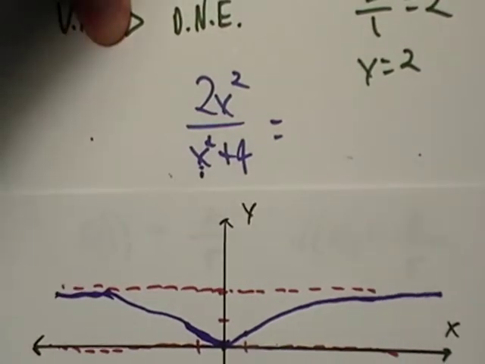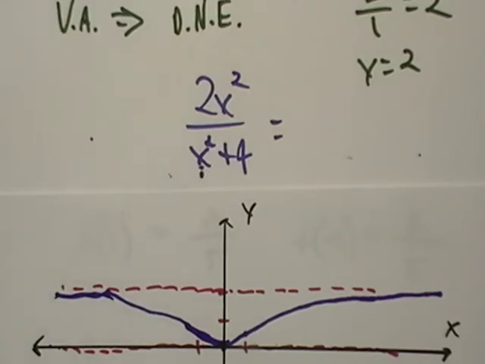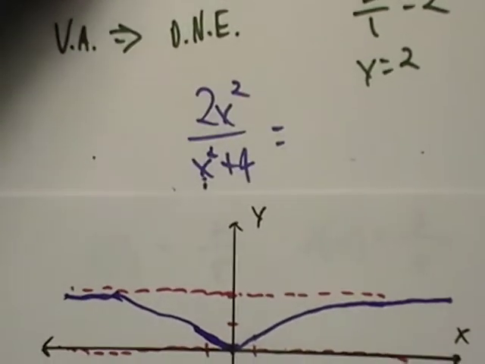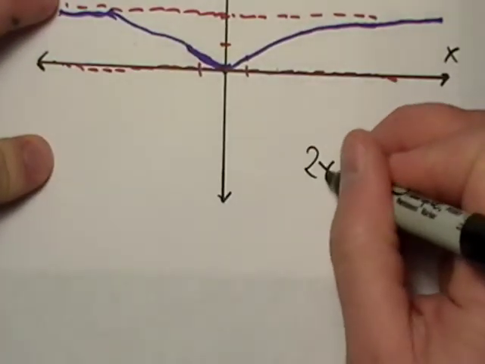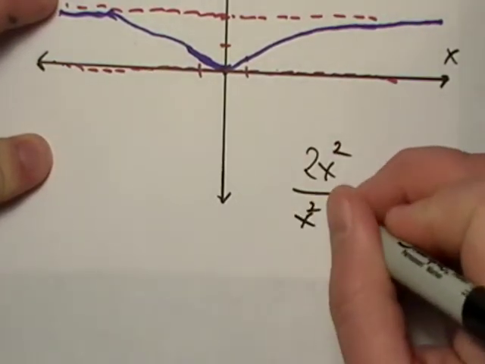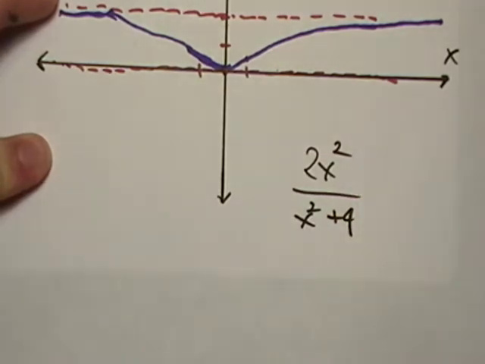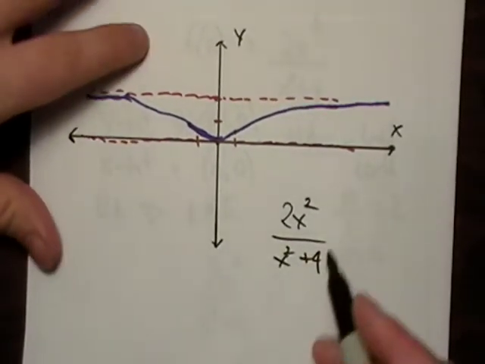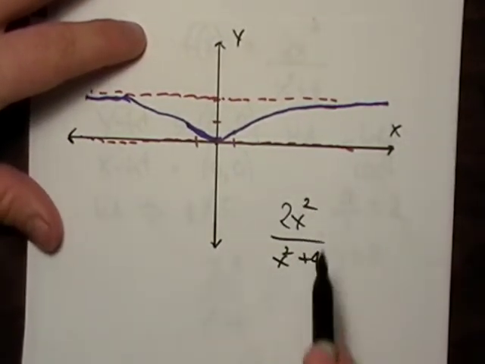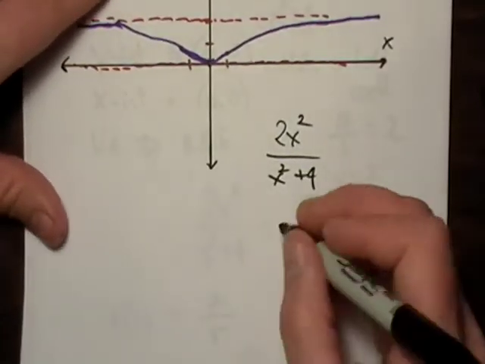And just a little side note. I kind of like these side notes. This is just your vision of the future here. 2x squared over x squared plus 4. Looking at this graph, whatever we do to the numerator, we can also do to the denominator. So watch this little trick.